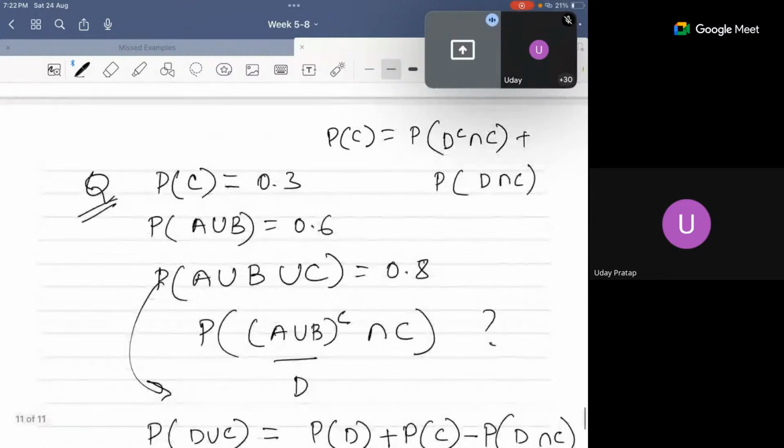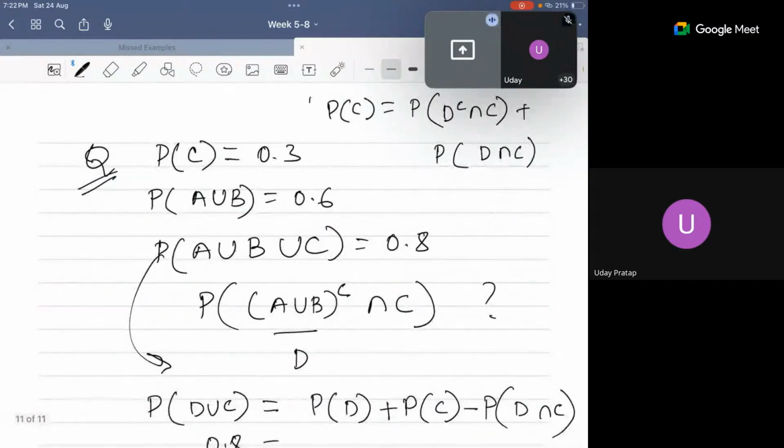If you have to take out probability of C, it is given as 0.C. Probability of D is also given. This formula you know, right? You can write it for any case, because D can be anything, and C is this one, right?